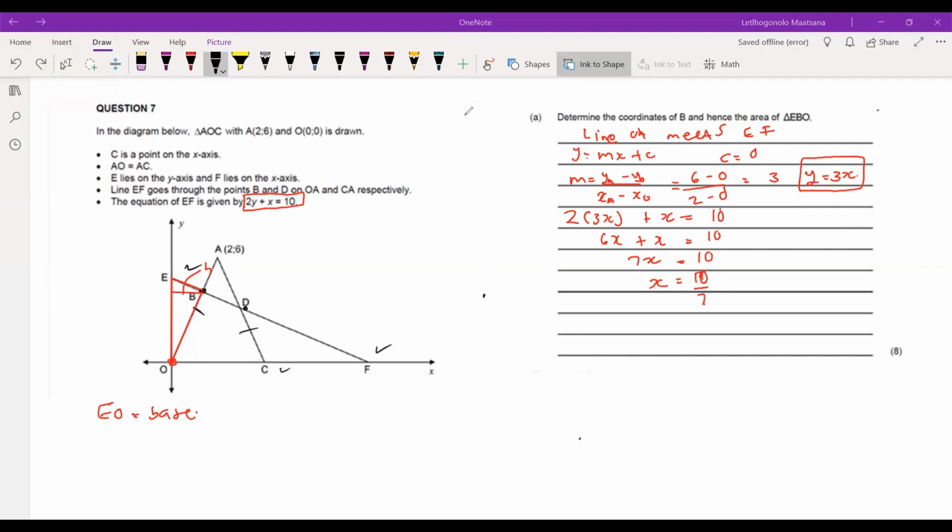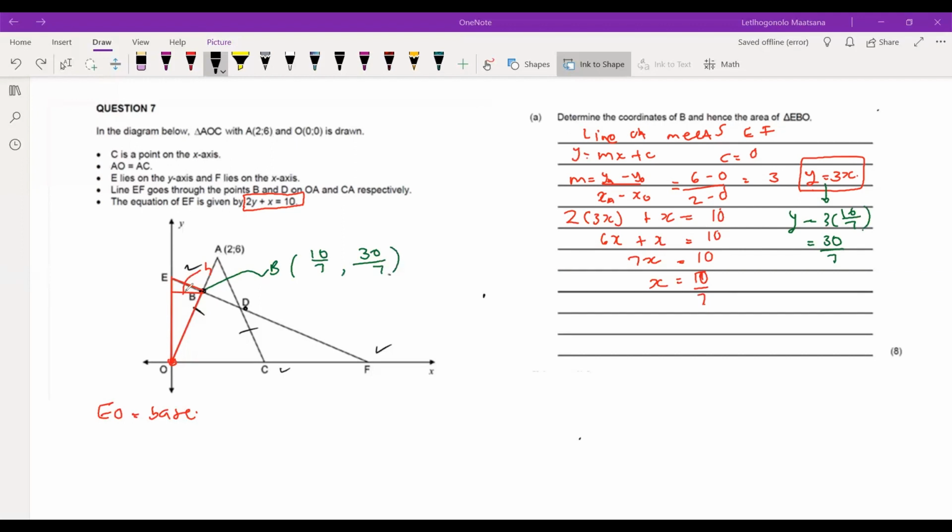To get the y point, we will substitute it into this equation. We get y = 3 multiplied by 10 over 7, and we get 30 over 7. So the coordinate of B over here is (10/7, 30/7).